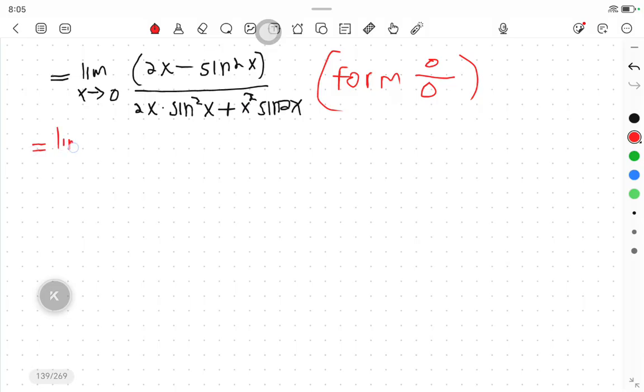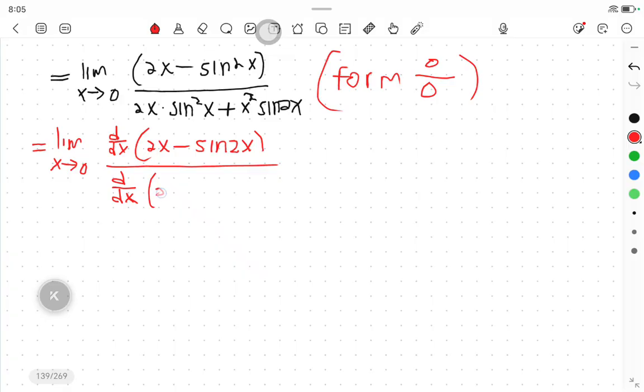So I can now continue introducing the derivative again. d over dx of the numerator, all over, and introduce it again on the denominator. Like this.